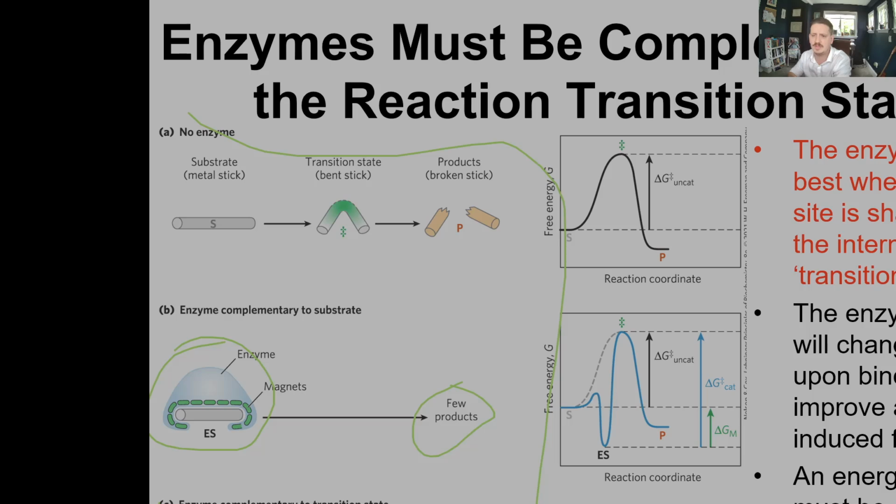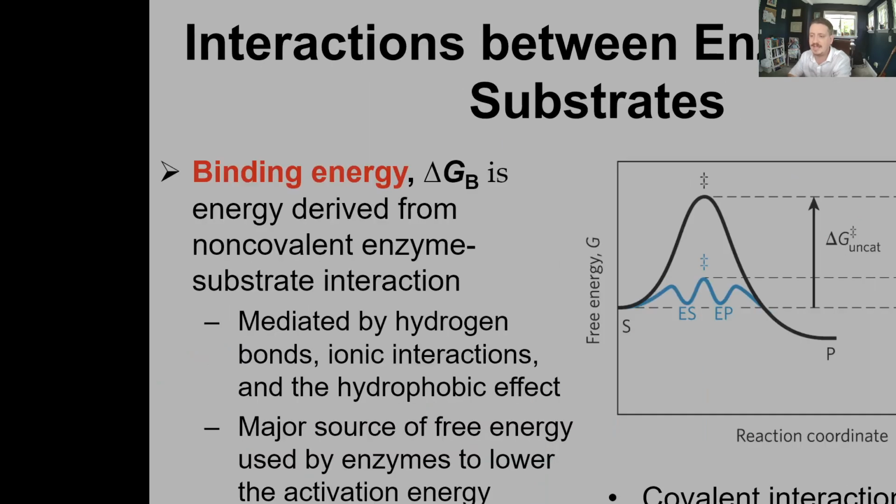I'm not going to go over it too much. Binding energy, I'm not going to go over too much either. This is just really the idea that when substrates bind to enzymes, sometimes it may not be a covalent bond that links them, sometimes it may be. But remember that breaking bonds costs energy, forming bonds releases energy.